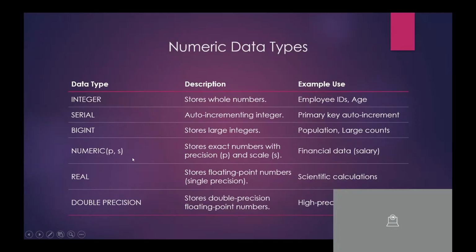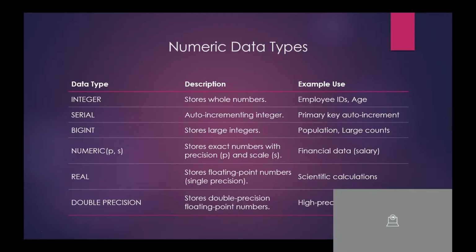I have given you the example of a clothes shopping mall. Suppose age is 20 years old for a boy. Numeric has a specific precision and a specific scale, so it is also a numeric type. Real stores floating point numbers, single precision.